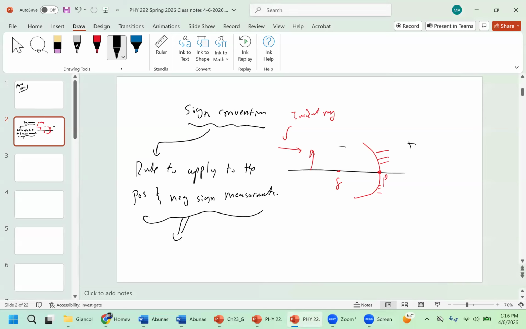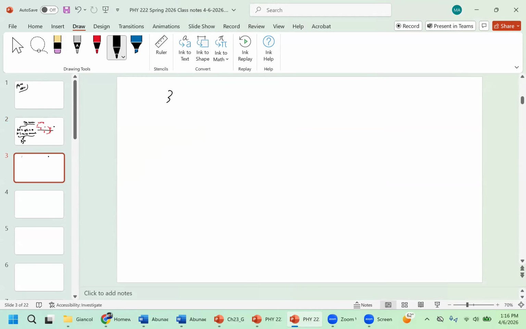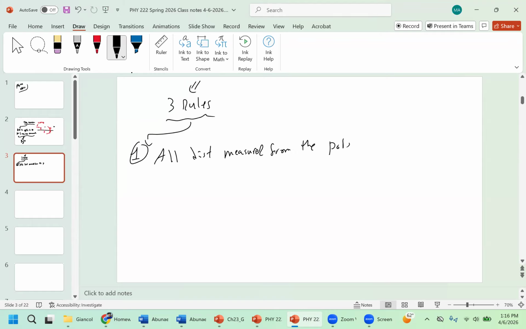Now, these rules are actually three rules, which are number one, all distance measured from the pole, whether it's behind or front of the mirror.